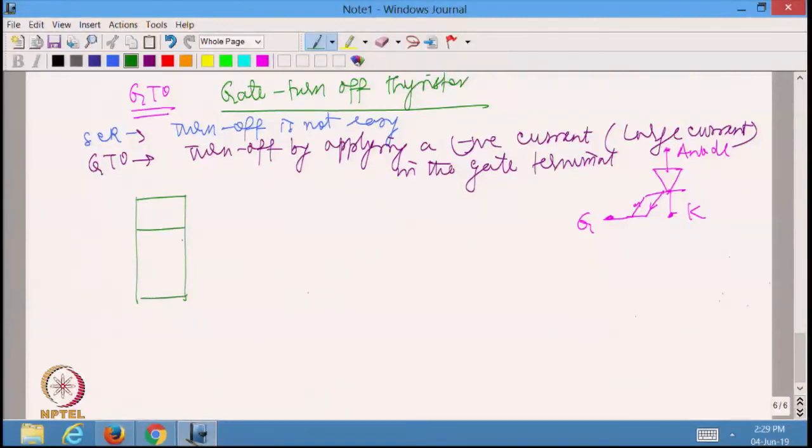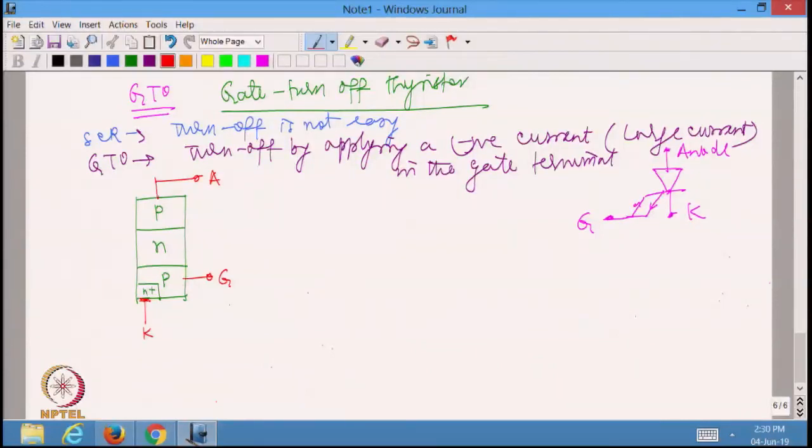The GTO actually looks somewhat like this. This is a PNP structure, with a highly doped N region, and this is my cathode, this is my anode, and this is the gate. In this gate I have to make sure that the current can go in either direction. Normally when the thyristor is conducting, lots of holes are present here.